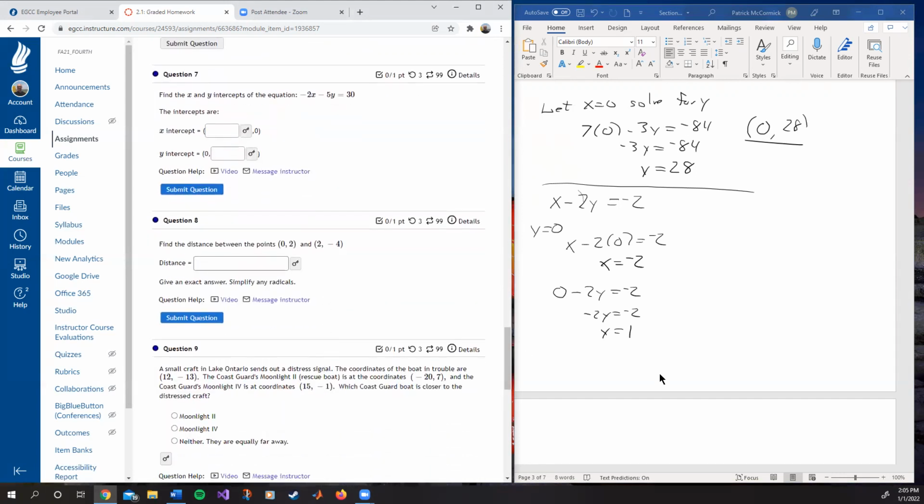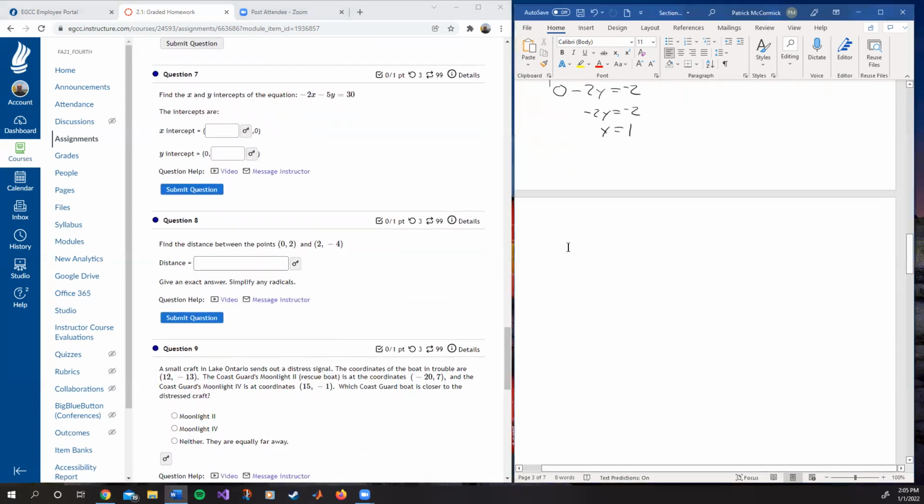All right, question 7. Same type of idea here, except now this one, like we did similarly in the past. Our equation is -2x minus 5y equals 30. We want to find the x and y intercepts again. To find the x-intercept, you let y equal 0 and solve for x.